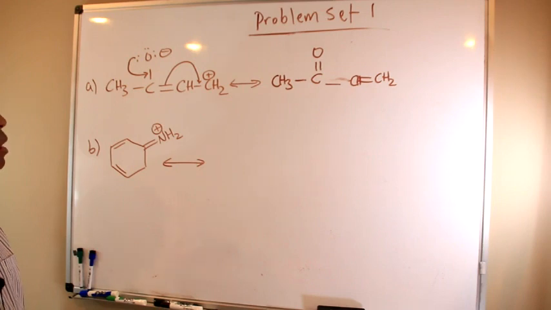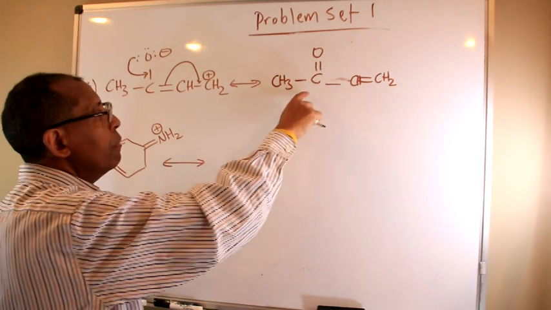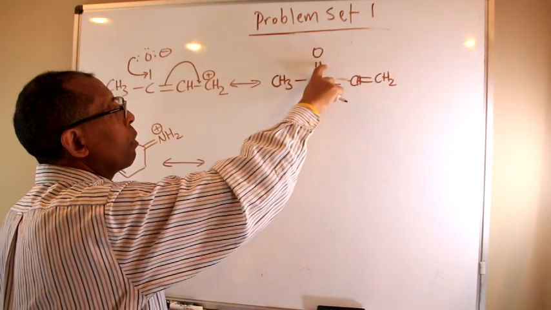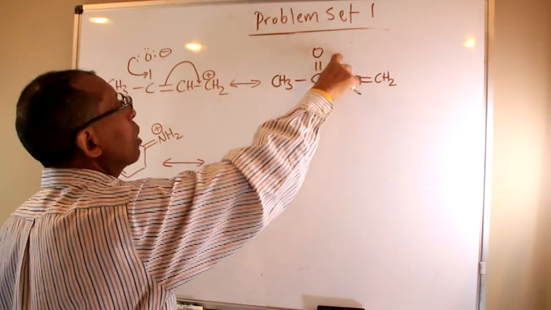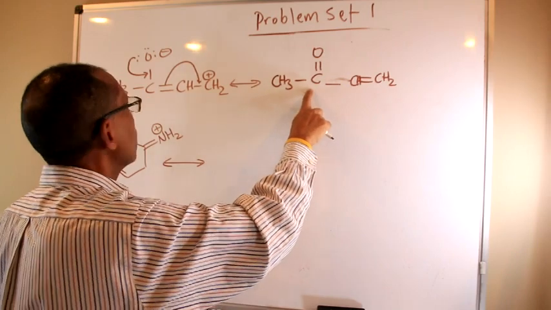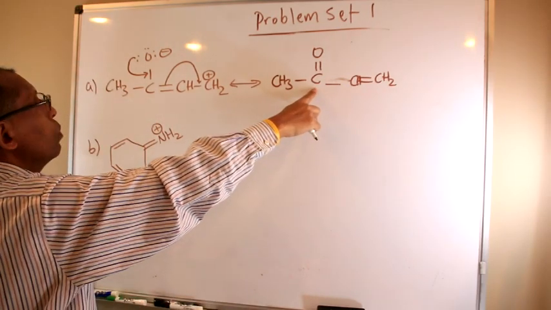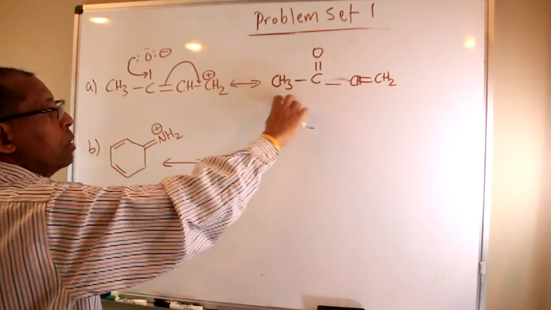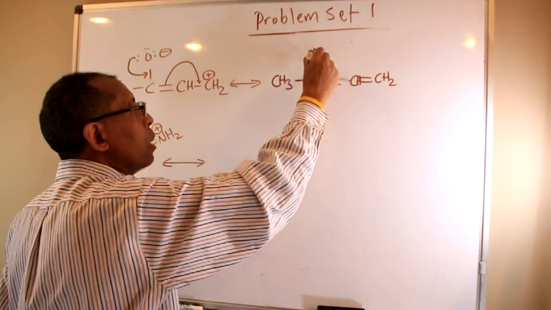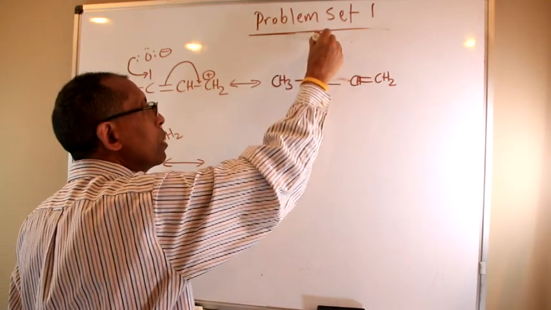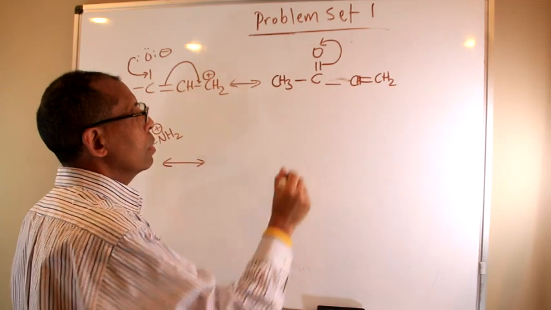How about if I just move a pair of electrons to oxygen and just leave this here? That would be a plus and a minus. As you see, there is a neutral one. So another resonance can be just move this to that oxygen.